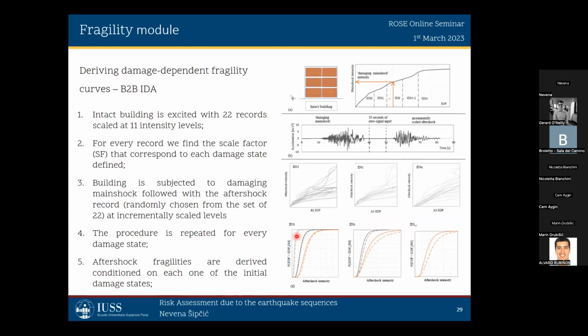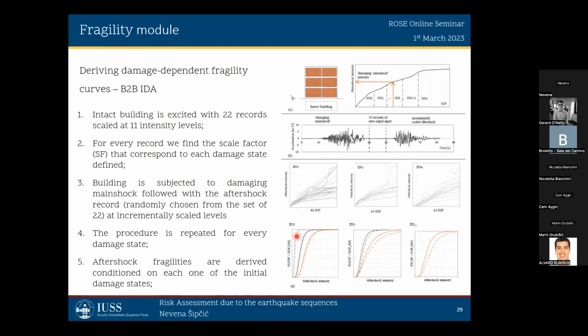I will not go into the details here, but basically for my master thesis, we did a study where we used a reinforced concrete building with infills, and we first excited the intact building with 22 records, which were scaled at 11 intensity levels. Then for every single record, we found the scale factor that corresponds to each damage state defined.